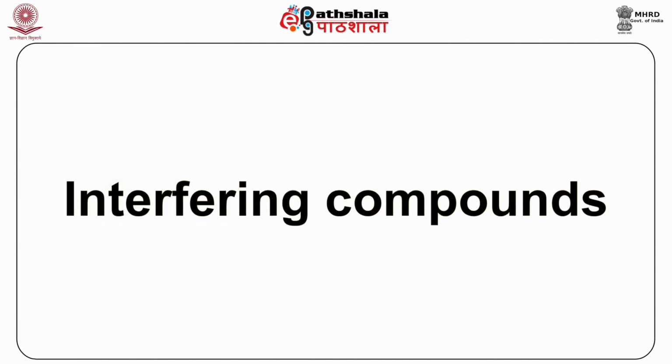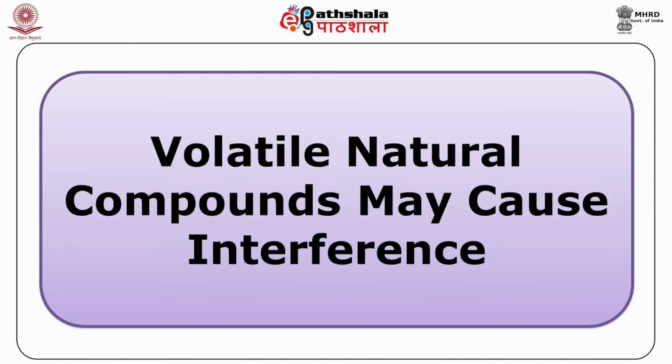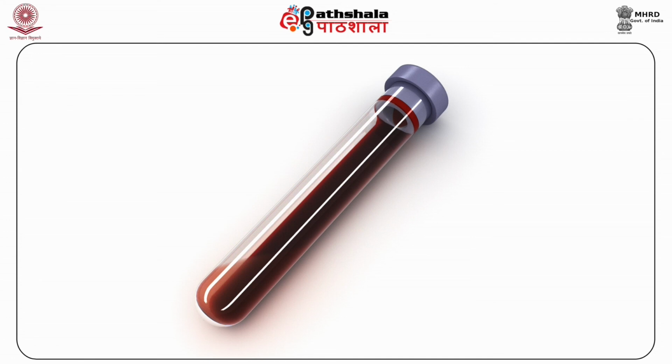Next is interfering compounds. There are some volatile natural compounds which may cause interference, like NHTSA revealed in its study that diabetics and dieters may have acetone levels in their blood even thousands of times higher in comparison to others.